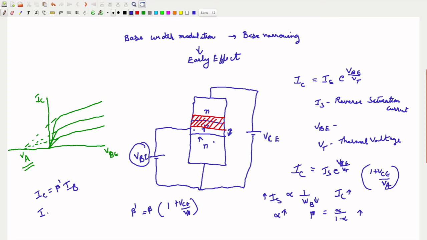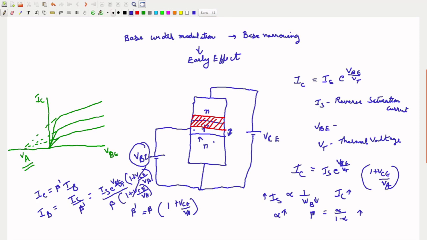So IB can be written as IC by beta dash, which is equal to IS e raised to VBE by VT into 1 plus VCE by VA, all divided by beta times 1 plus VCE by VA.